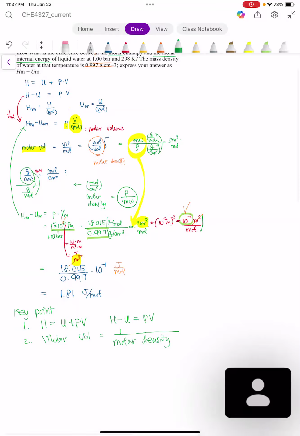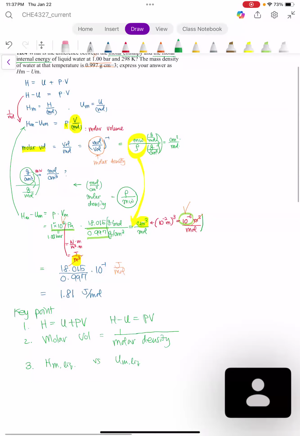The third key point is the meaning of the outcome of this calculation. Basically, what we calculated is the difference between the enthalpy and internal energy of liquid water, right? And the answer ends up being not even 2 joule per mole.